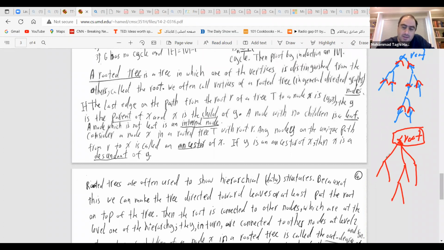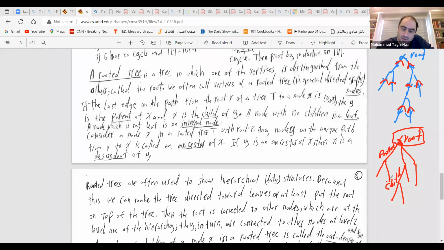If one vertex is above this guy, this is called the parent. So this is the parent, and this is a child. If one vertex is just below that, it is called a child.